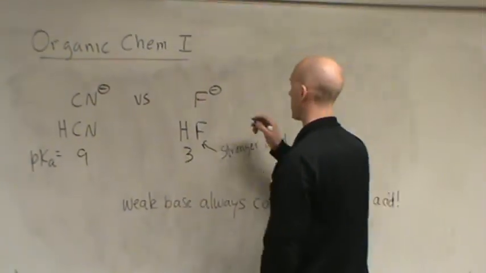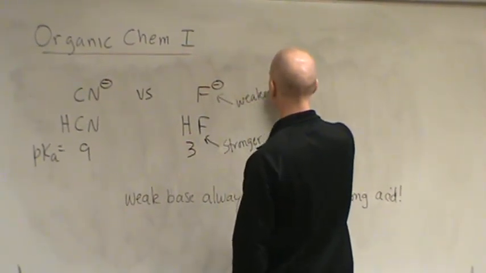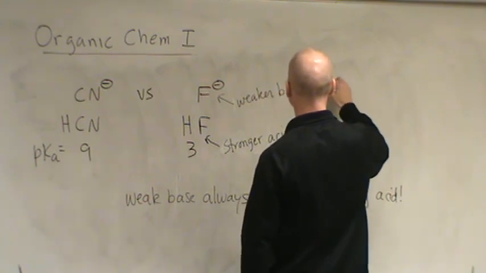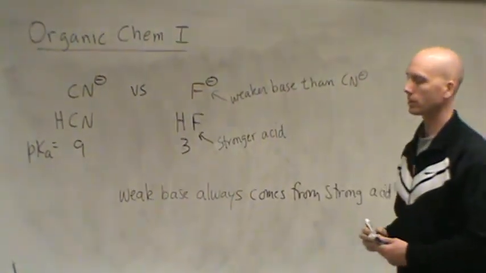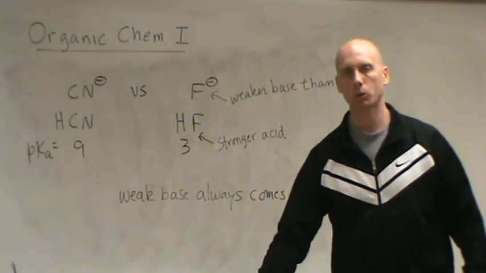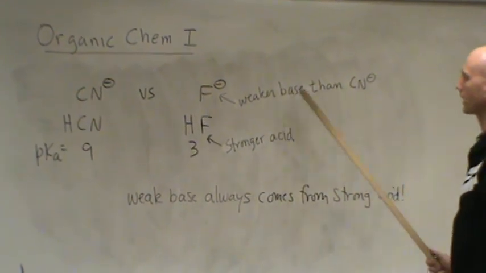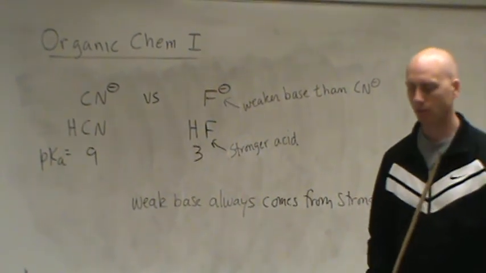That means it's a weaker base. See how you can work backwards there. So CN- would be a stronger base than F-.